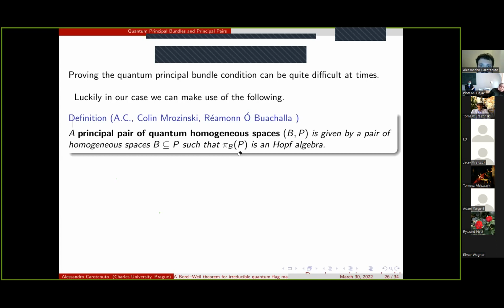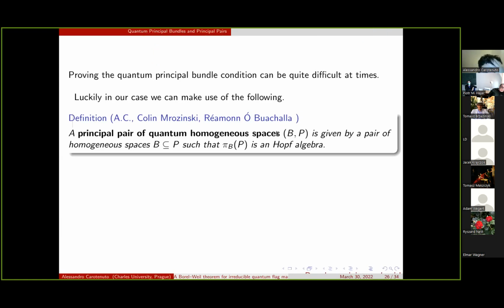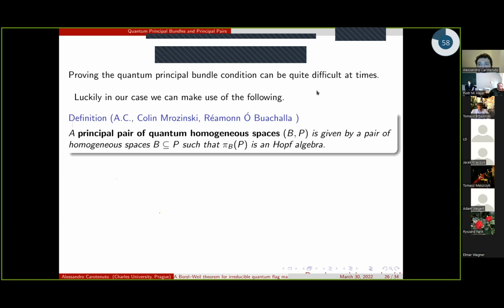So if I remove the condition that pi B of P is a Hopf algebra, I get, just from this setting, a quantum fibration where the fiber is a homogeneous space, according to the definition given by Brzezinski and Szymanski.